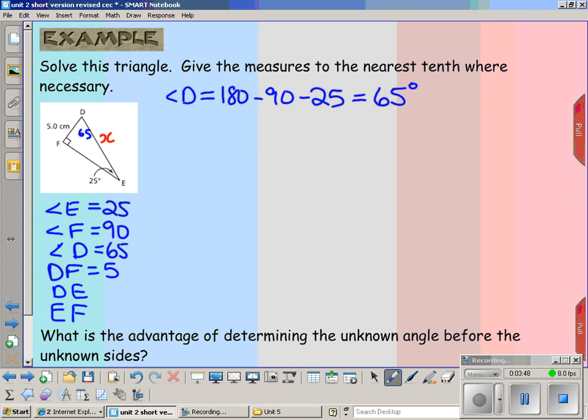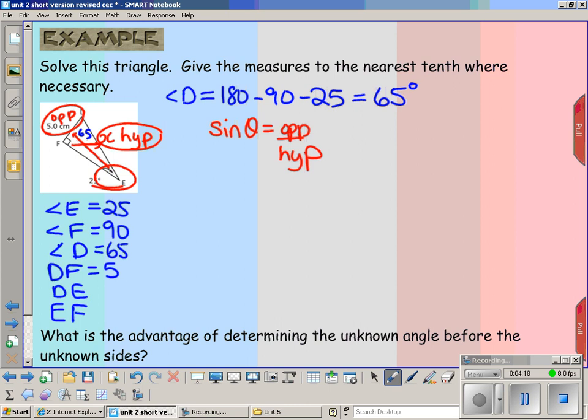So if we use the 25, we have an opposite. Here's our right angle, so this is our hypotenuse. Which ratio uses opposite and hypotenuse? SOHCAHTOA. So, S-O-H. Sine of an angle is opposite over hypotenuse.